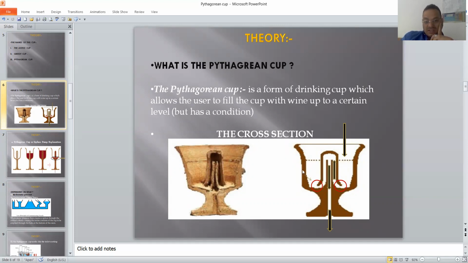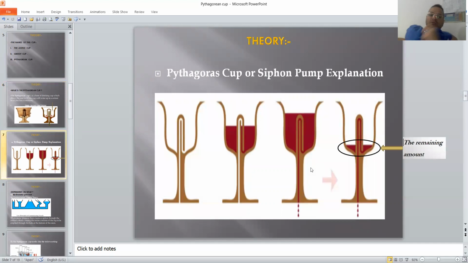And like we said here, this is the cross section. We have a hole from this side at the middle of the column, and the column here is at the center of this cup, and inside it is the hole.